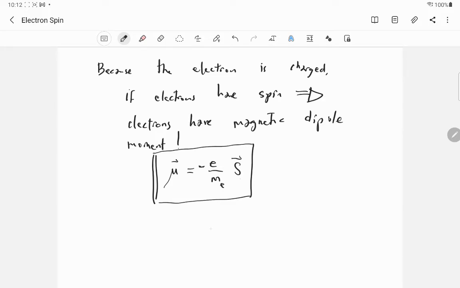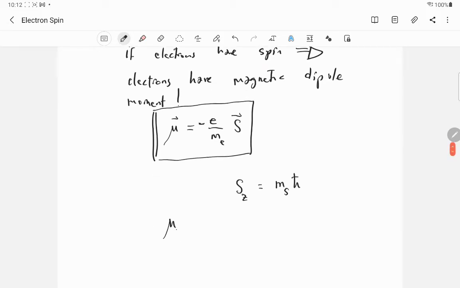And S sub z is equal to the spin quantum number m sub s times h bar. So we can also write that the z component of the magnetic dipole moment is equal to minus e over the mass of the electron, so the charge of the electron over the mass of the electron, times S sub z, which is m sub s h bar, where m sub s can be plus or minus 1/2.